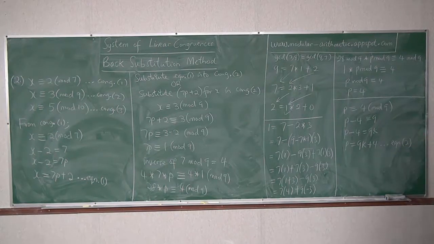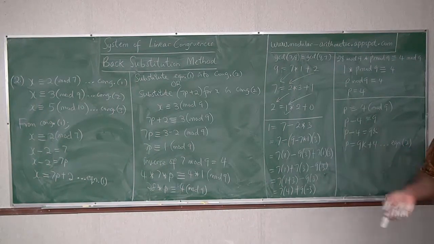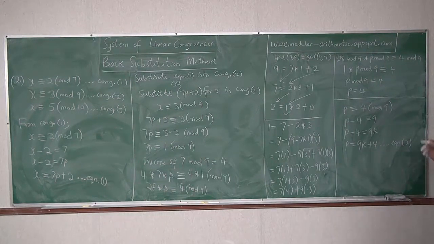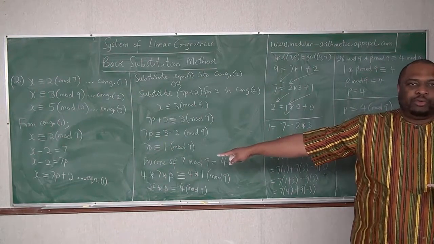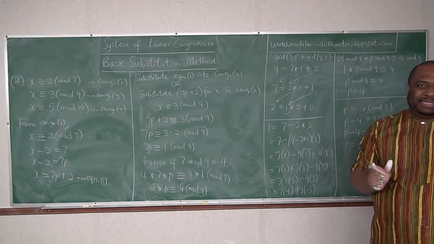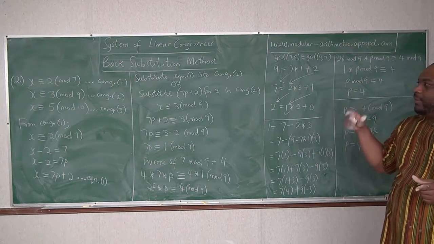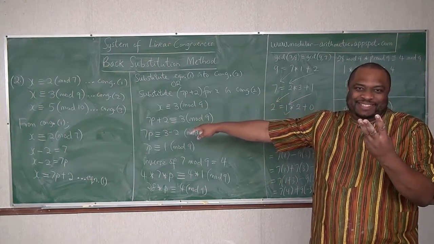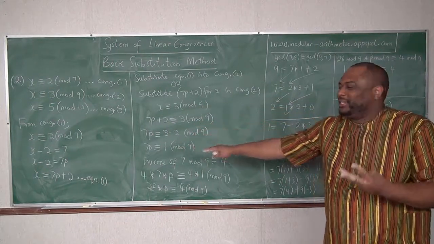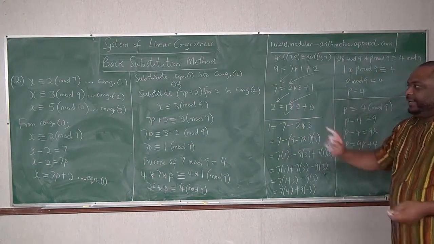Now you have to be very careful on this. So we have found P to be 9k plus 4. What we are going to do now is substitute this equation 2 into equation 1, so we find our x. When we find our x, we then substitute that in congruence 3, because we will now get something in k.